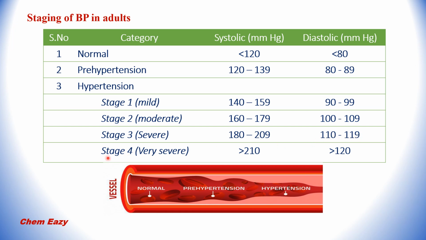And stage 4 is very severe hypertension. In this stage, systolic blood pressure will be greater than 210 and diastolic blood pressure will be greater than 120. So this picture shows the blood vessel during normal, pre-hypertension and hypertension stages.